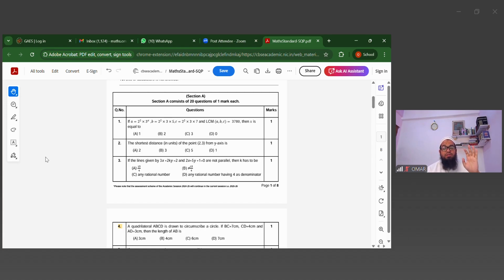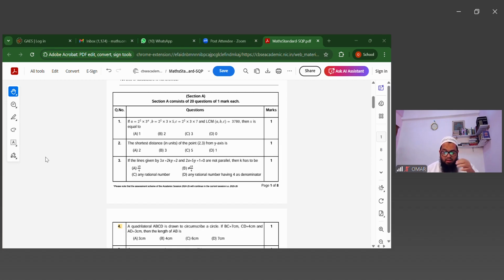There are only three or four direct questions from examples and NCERT exercises, and there are questions which are not in the textbook, but still if you learn the concepts, you can do all the problems. Understood? You can do all the problems, my dear students.